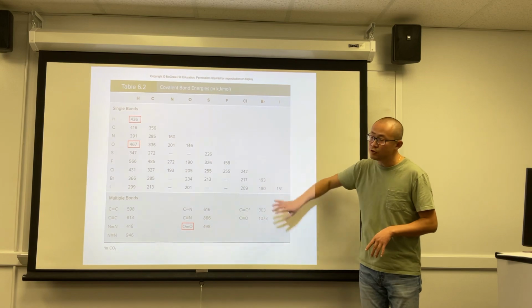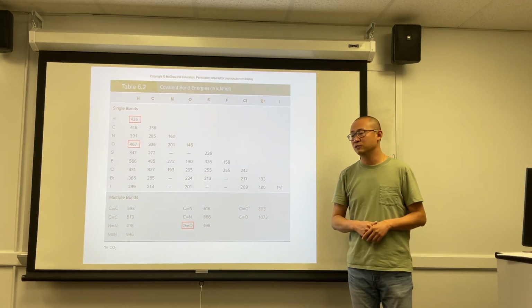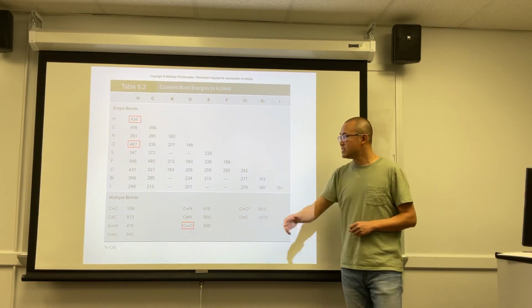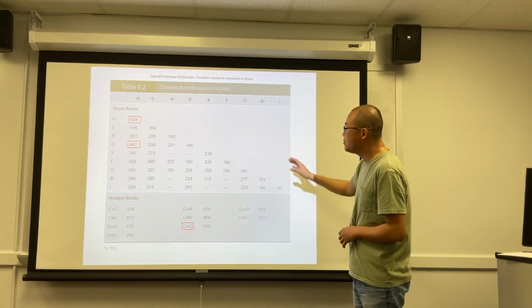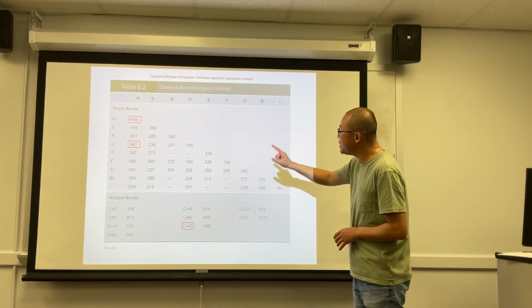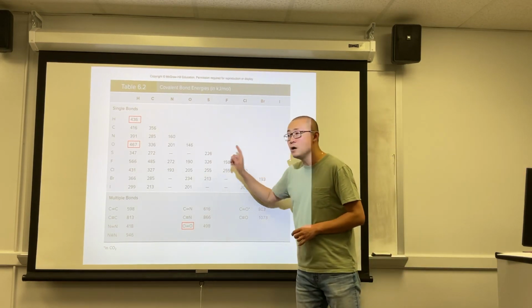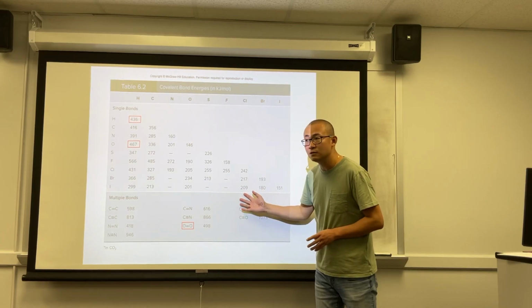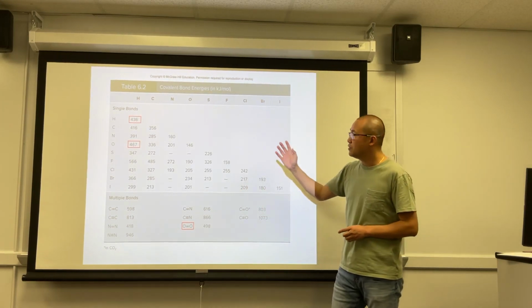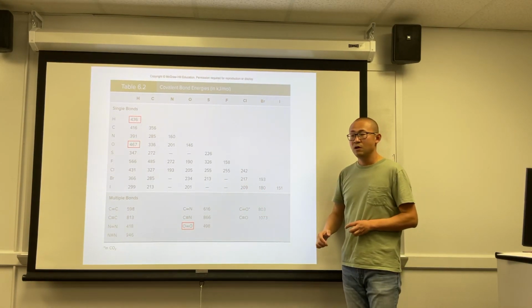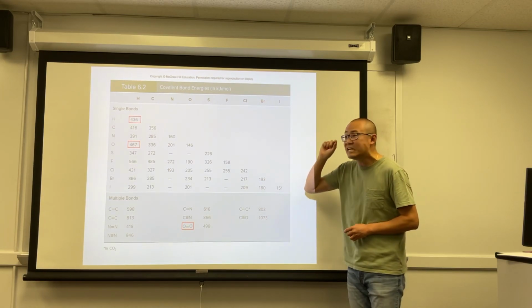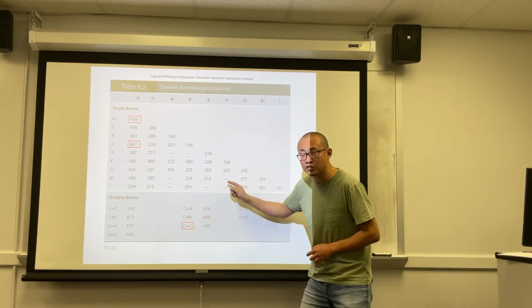Now, something to be careful about when using this chart. One thing is, you can see that in this chart, all these numbers are positive, right? Positive means these energies are all defined as the energy needed to break a certain bond.